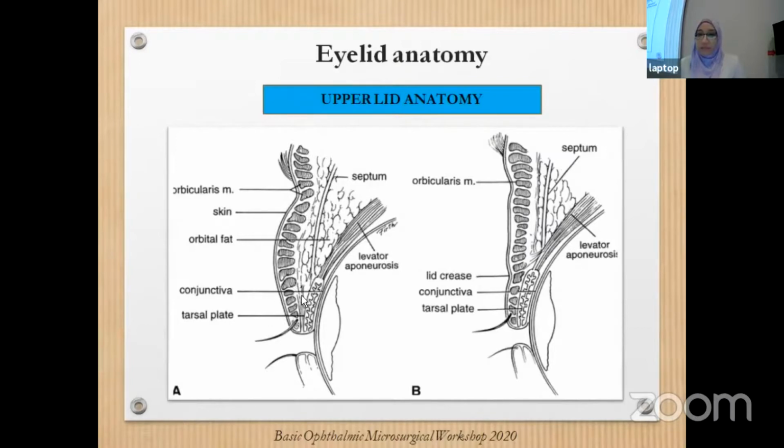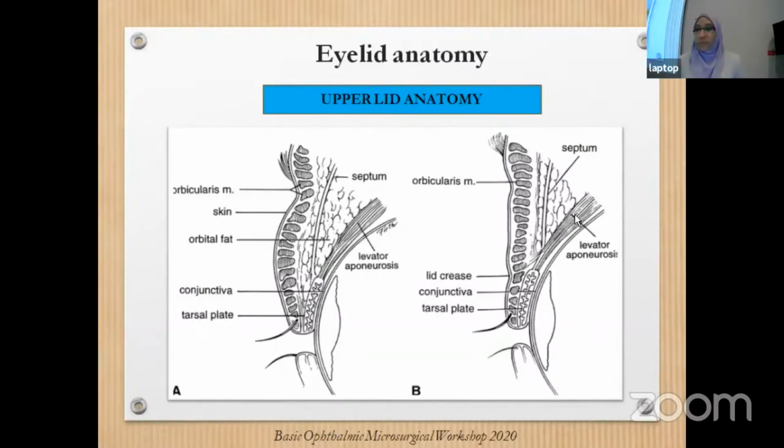This is the septum. This septum divides the upper lid into anterior and posterior lamella. Then there is the orbital fat behind the septum, and this is the levator aponeurosis with the tarsal plate. The tarsal plate, and then this is the conjunctiva, the palpebral conjunctiva.